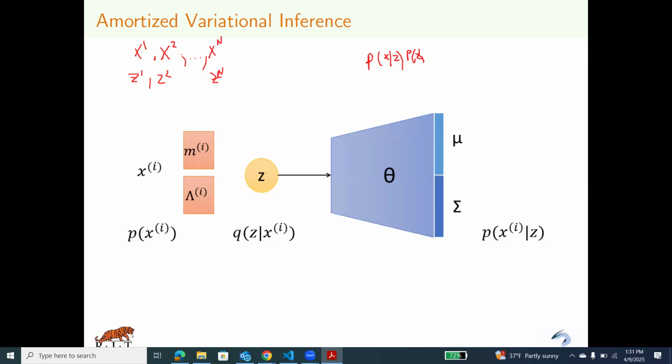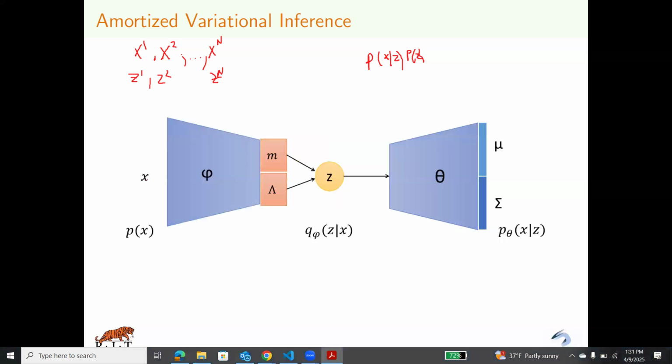It's called amortized inference. And I will denote the parameters of the second neural network by phi. This neural network will take an image and will output two vectors, because it's a low dimensional representation: mean and diagonal covariance matrix.